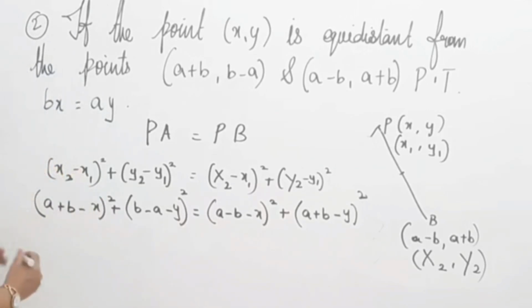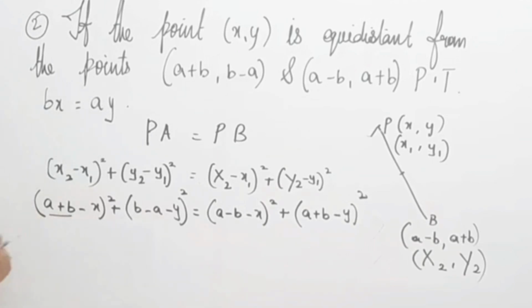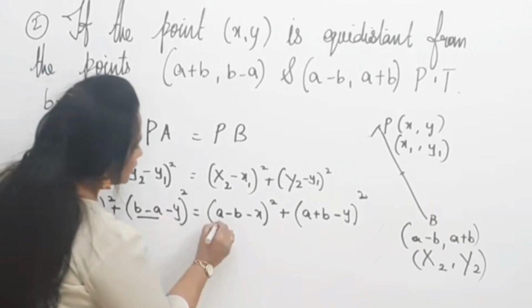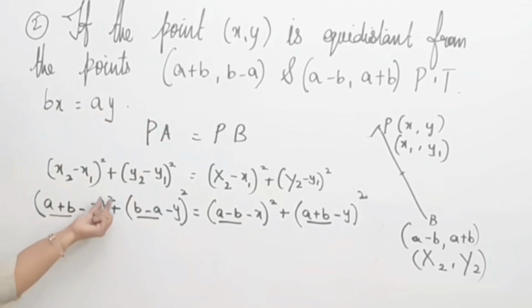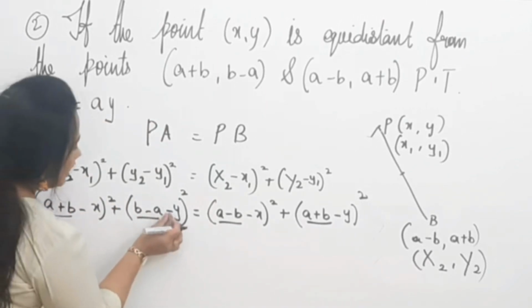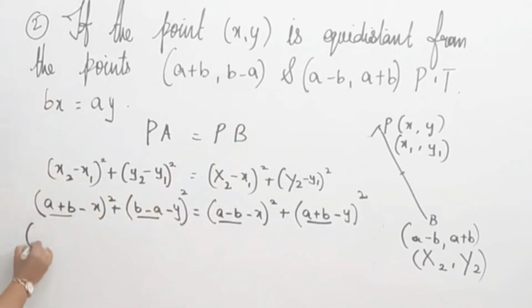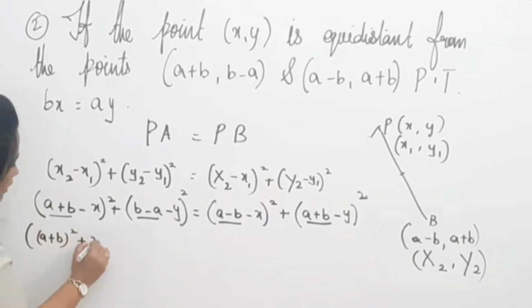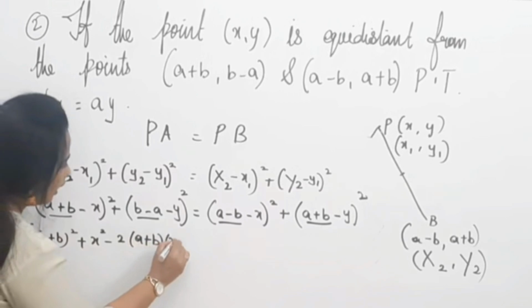What I do, I make that identity shortened. How to do it? Just make these two terms a single term. Consider this one single term, this one single term, and this one single term. Now this is of the form a minus b the whole square. Same everything. So now I would go with a square, that means a plus b the whole square plus x square minus 2 into a plus b into x.